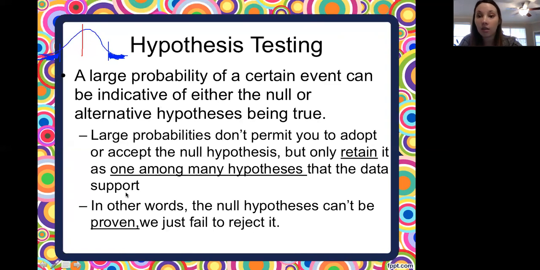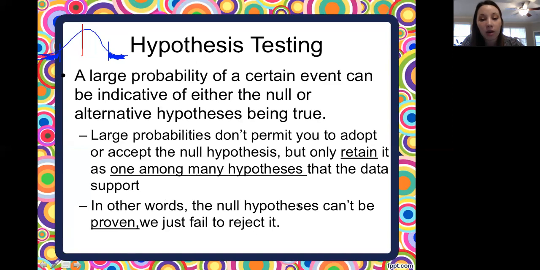So when you get to the end of your t-test problem, you have two options. You can either retain the null hypothesis or reject the null hypothesis. When your data fall in the middle here, we retain the null hypothesis. When your data fall on the outskirts, on the edges, in the shaded regions, you reject the null hypothesis. So those are your only two options.